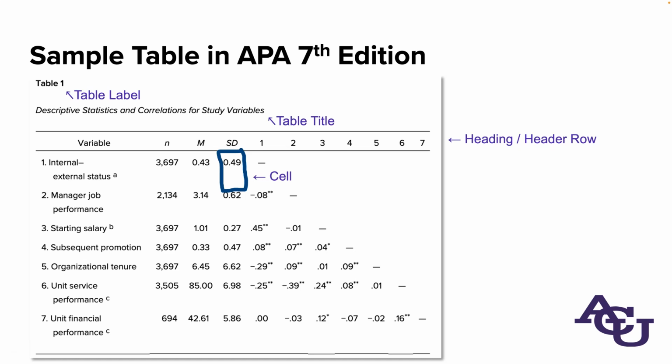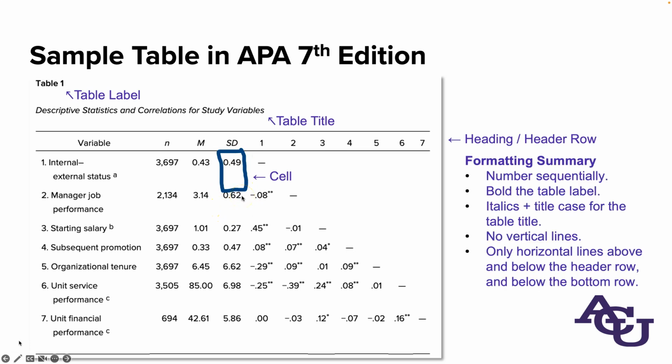But the data, that's in everything from here on. So this column is giving labels for what's in the rows, and this row, the top, is giving labels for what's in each column. You can refer to this individual unit as a cell.